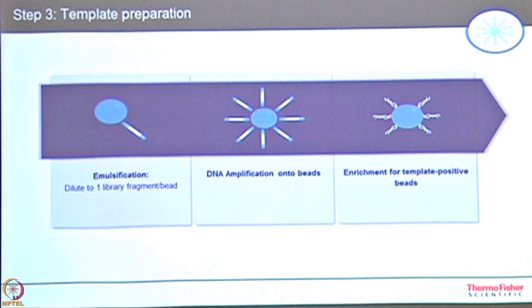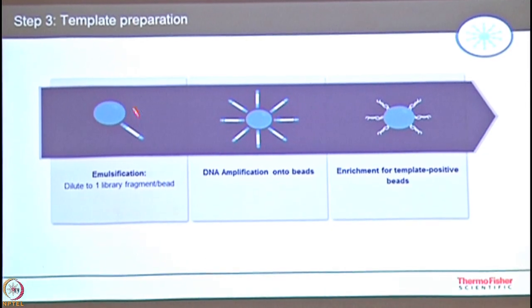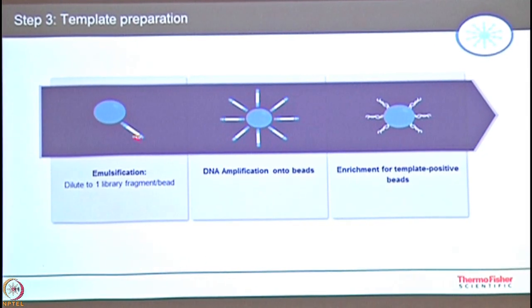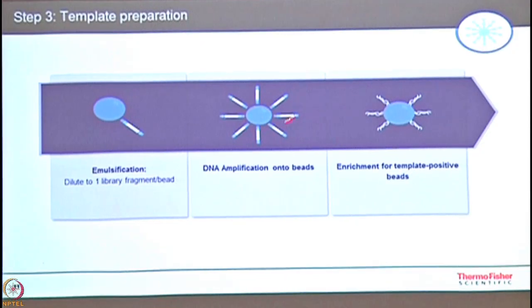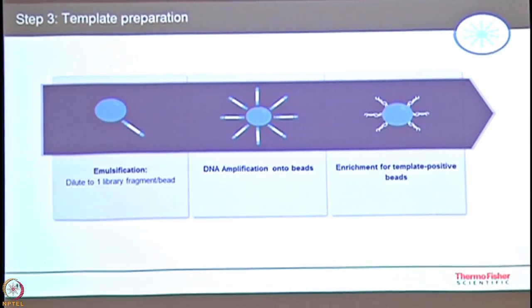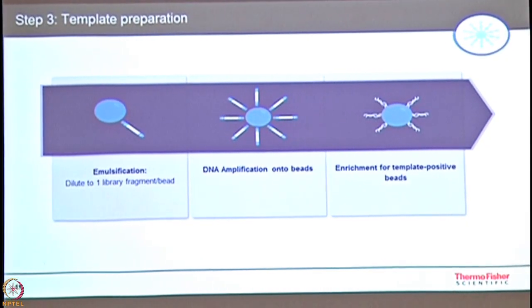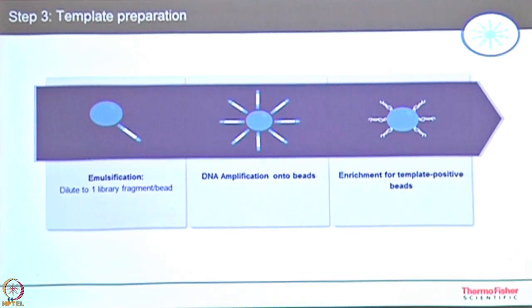So what we are aiming for during template preparation is that one library molecule gets clonally amplified onto one ion sphere. This is the basic aim of this step, and this is one clone which is getting amplified all over the ion sphere.